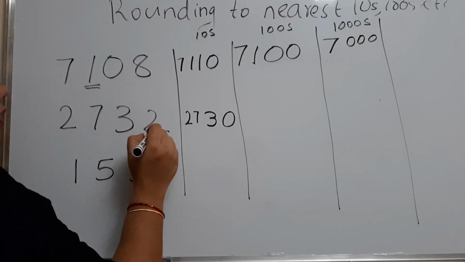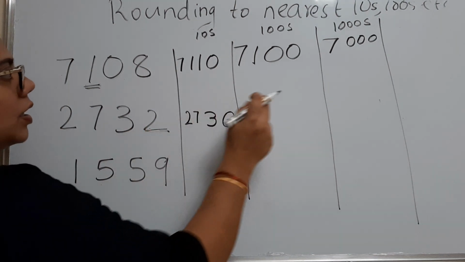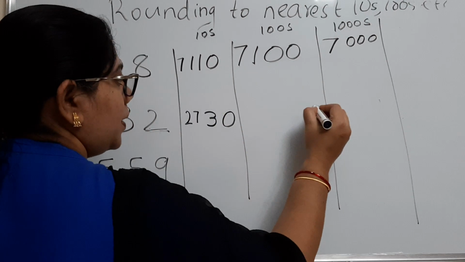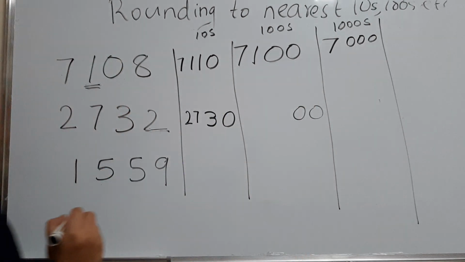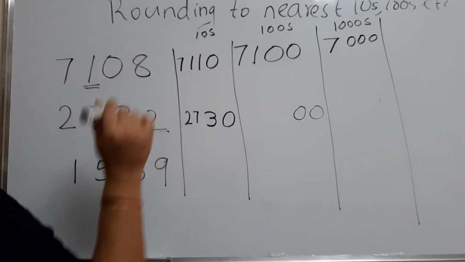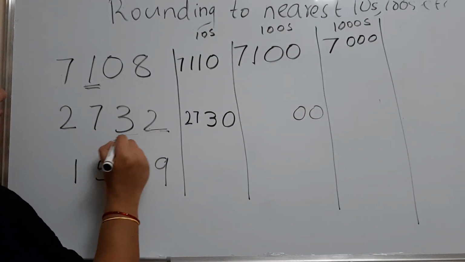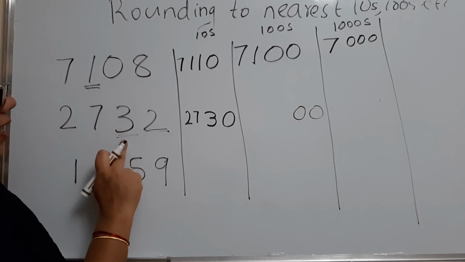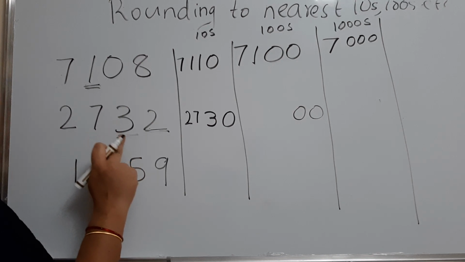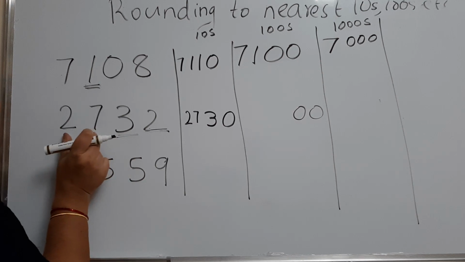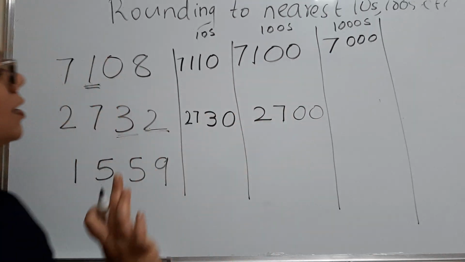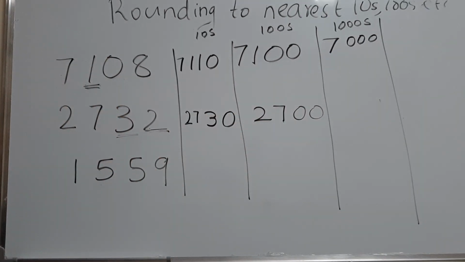Now rounding to the nearest hundreds, these two numbers become 0, and you check the tens place. The tens place is less than 5, so this number 27 remains the same.